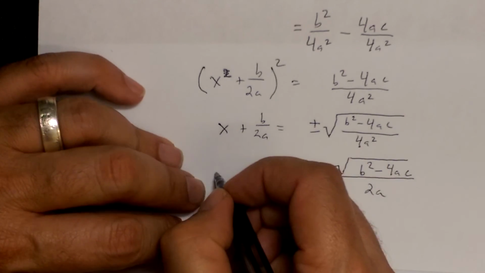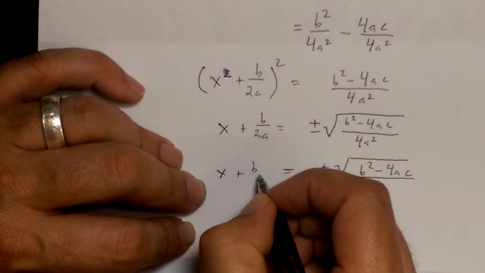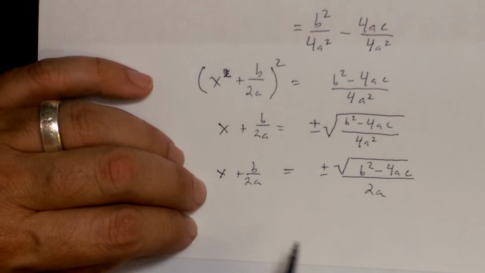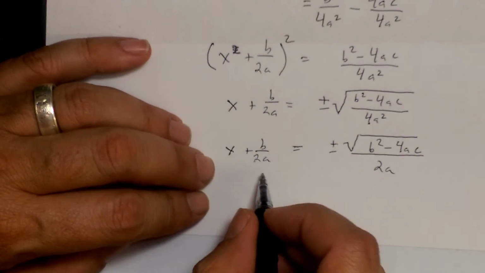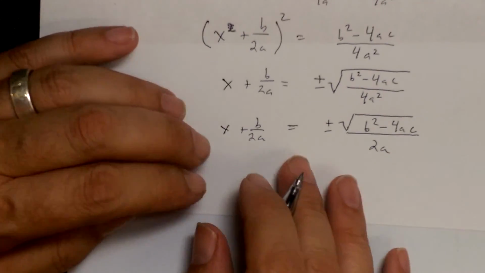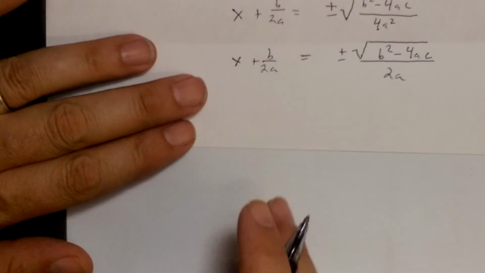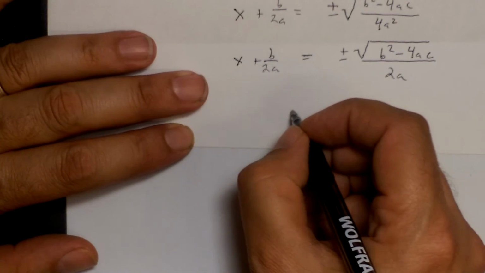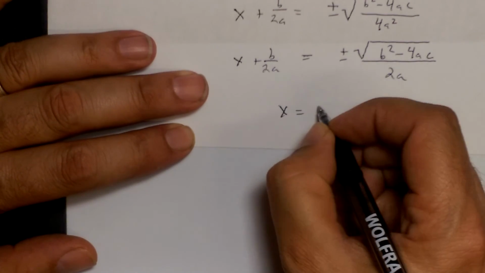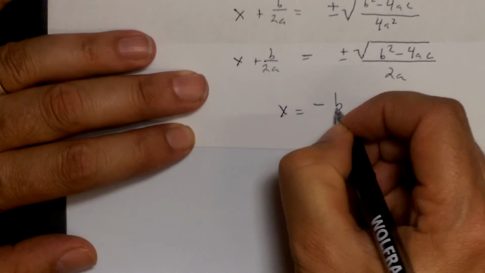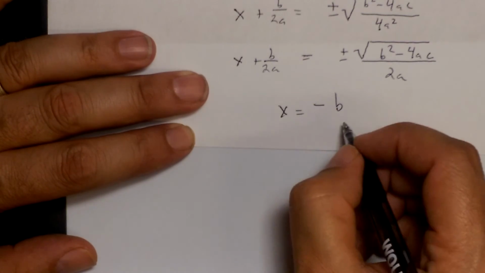Now if you notice, it looks like we're almost done. In fact, once we bring this over, we already notice we have a common denominator between these. So since we're almost at the end of the paper, we'll just go ahead and subtract that. When we do subtract it, that becomes a negative b.